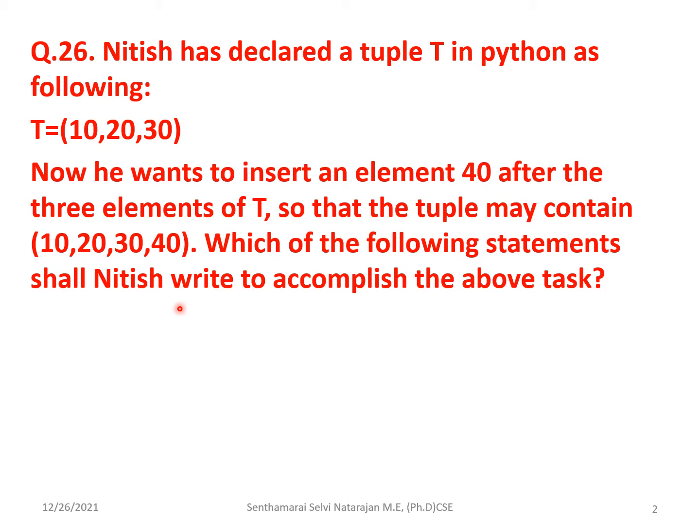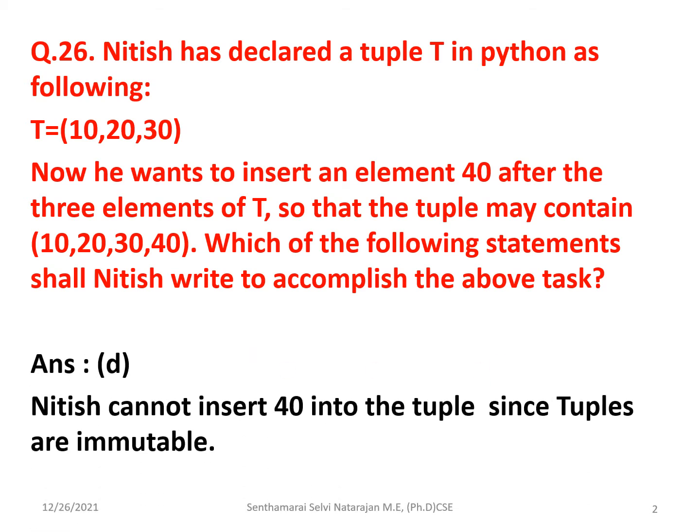You know that the tuple is like a list, but it is immutable. So remember that point. We cannot modify the tuple once it is defined. So the answer is we cannot modify. So Nitish cannot insert 40 into the tuple as they are immutable.